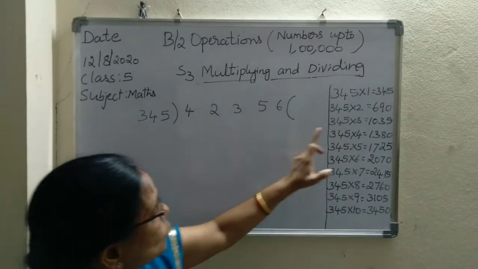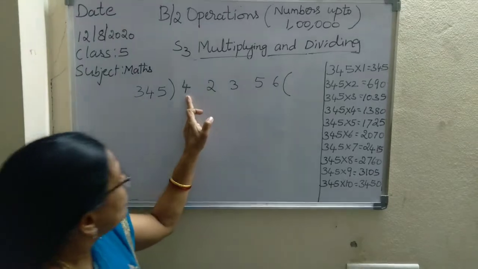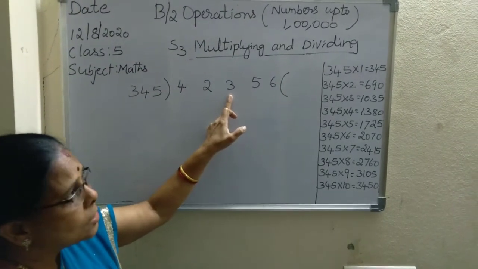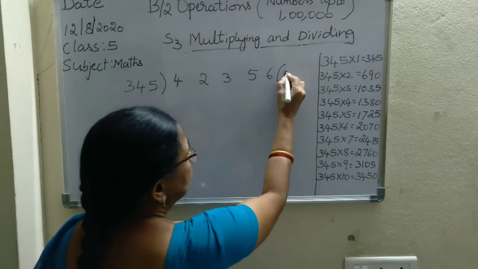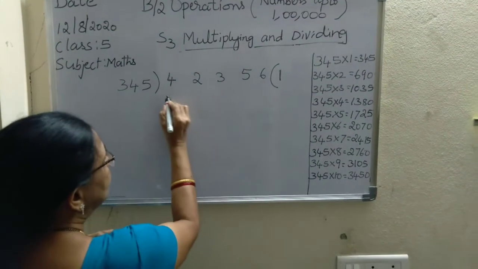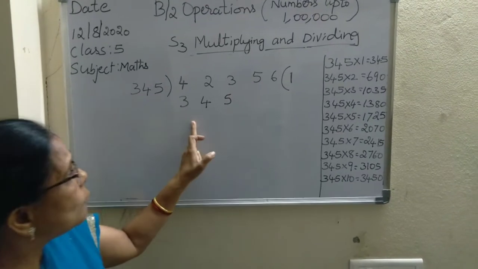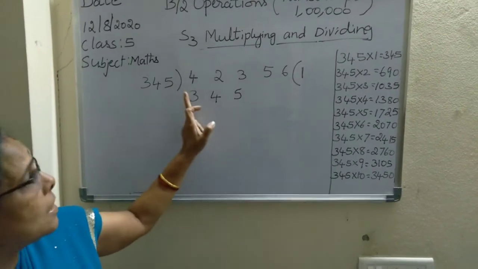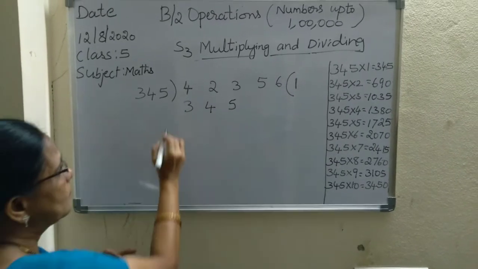If you take 2, 345 twos are 690. But 423 is there. So you have to take 345 ones, which is 345. Children, you know when you are dividing, start dividing from the largest place.